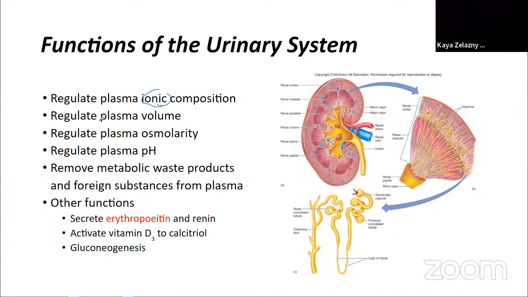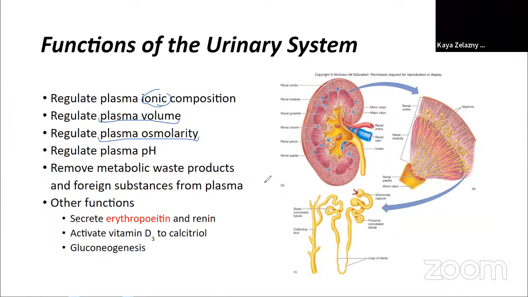We regulate plasma volume and plasma osmolarity just overall by regulating water, which we've now talked about in detail. We also regulate plasma pH, and we remove metabolic waste products and other things from the plasma. So the urinary system is really filtering the plasma, so filtering the blood, making sure that its composition is what we want and that we have the amount we want as well.